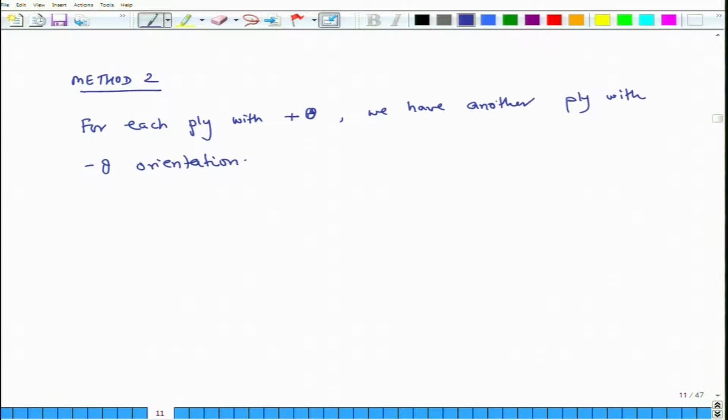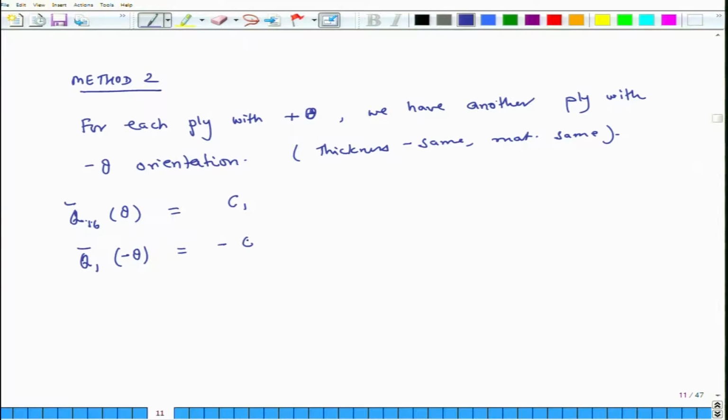And here of course, we are assuming that thickness is the same, material is the same. So, in this case what happens? Q16 bar for positive theta degrees will be, let us say, some number C1, and Q16 bar for the negatively oriented ply will be minus C1. Why?